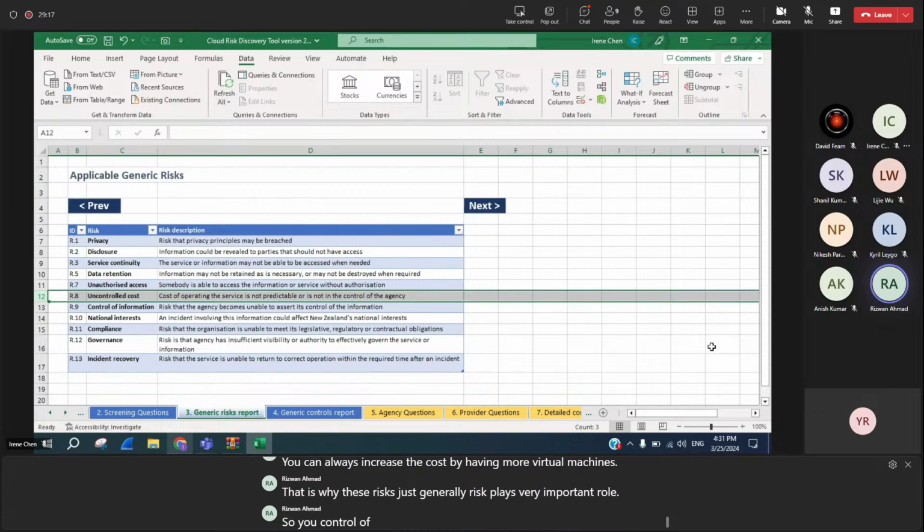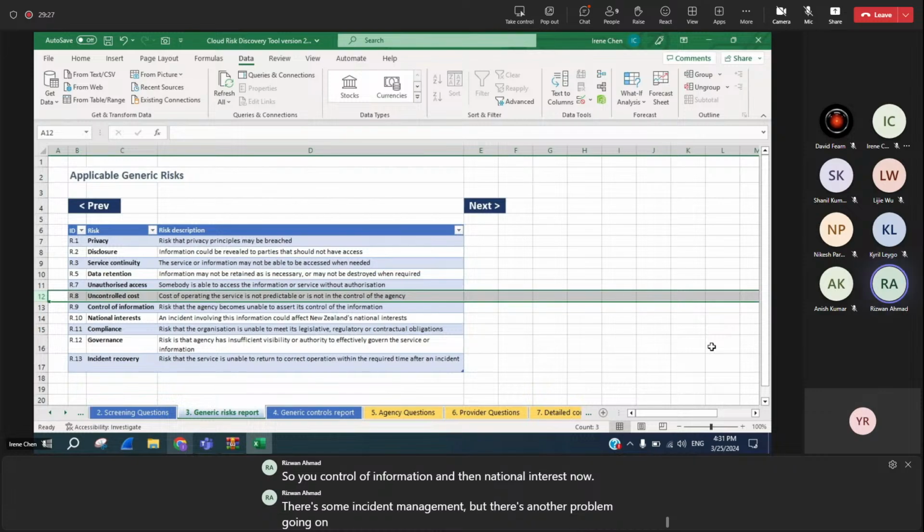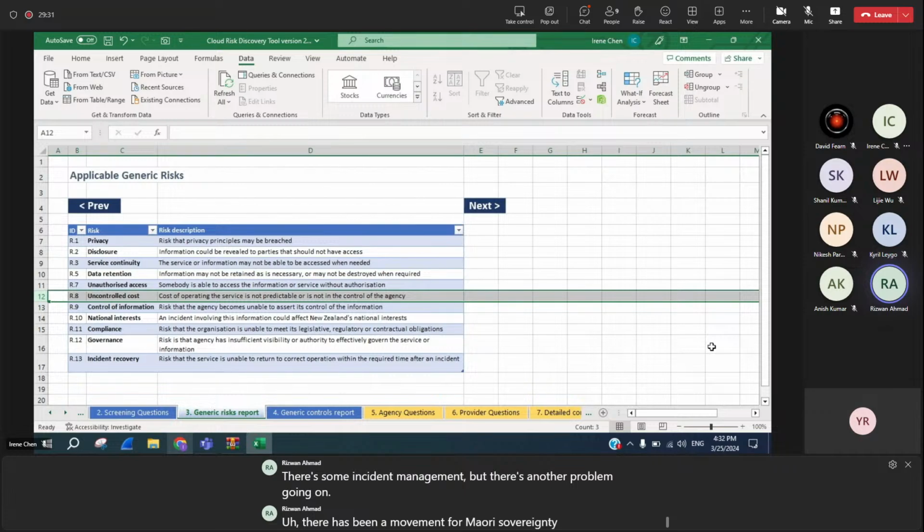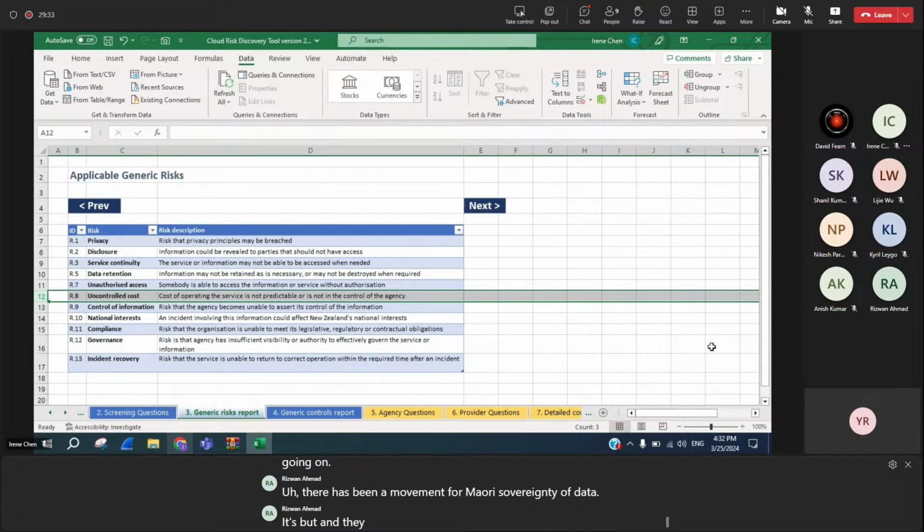Control of information and then national interest. Now, there is some incident management, but there is another problem going on. There has been a movement for Maori sovereignty of data, and they link it to the Treaty of Waitangi, Article 4, or maybe 3, maybe 4, if I'm not wrong.